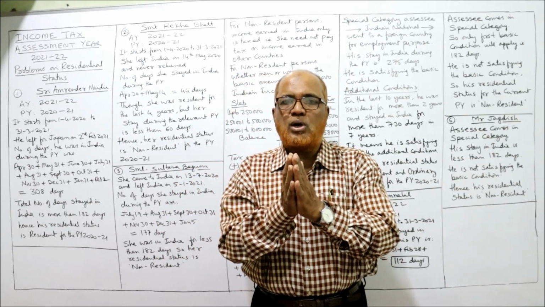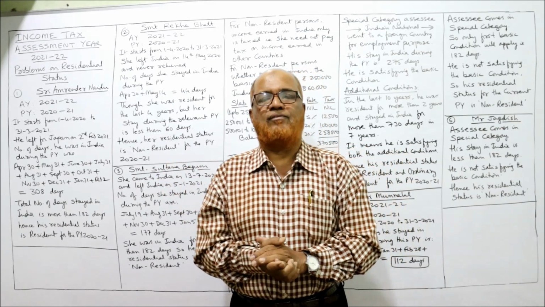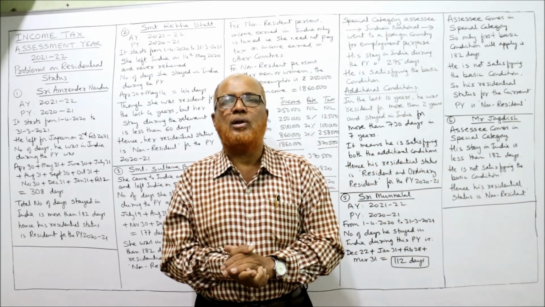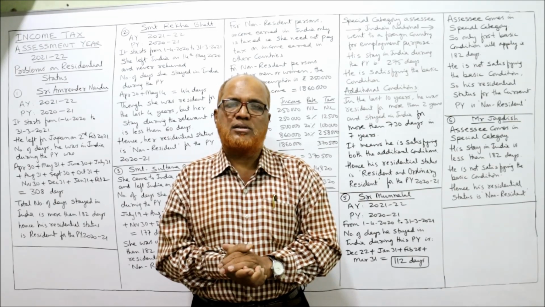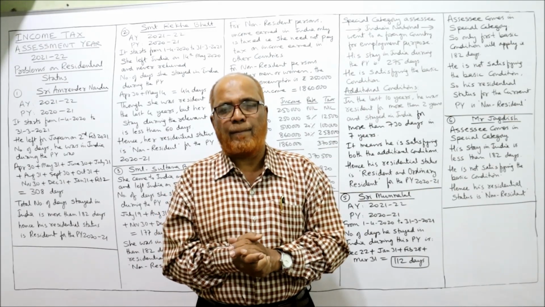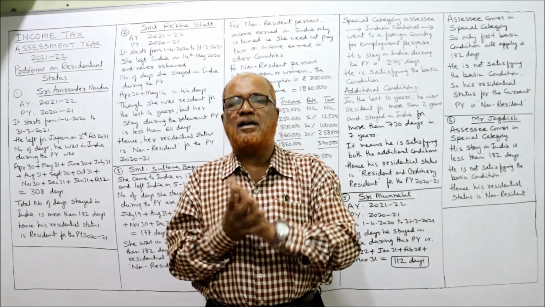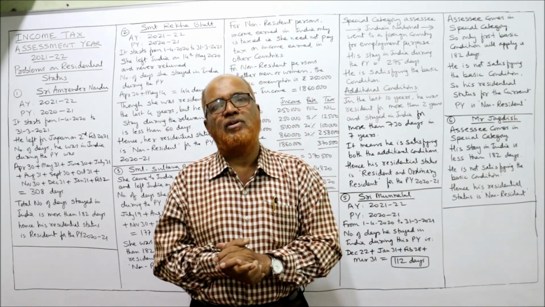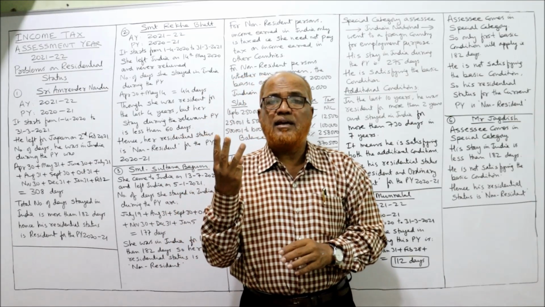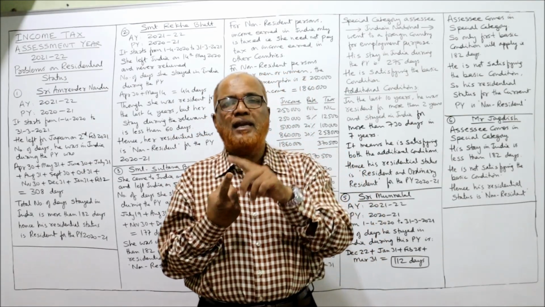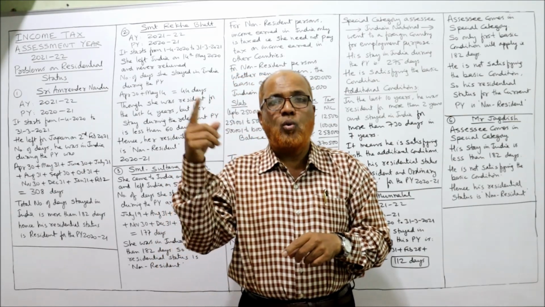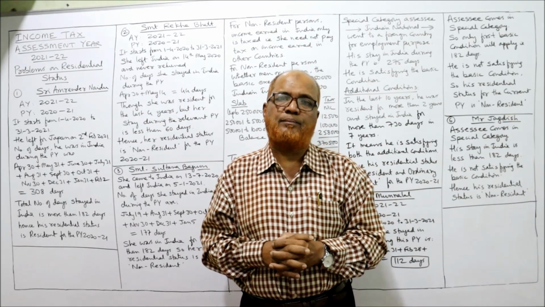If a person does not satisfy the basic condition itself, he is called non-resident. So there is a special category also. In that special category, 3 cases are given where only the first basic condition will apply, and the second basic condition will not apply. The 3 special category cases are: first, an Indian citizen who is going abroad for employment.